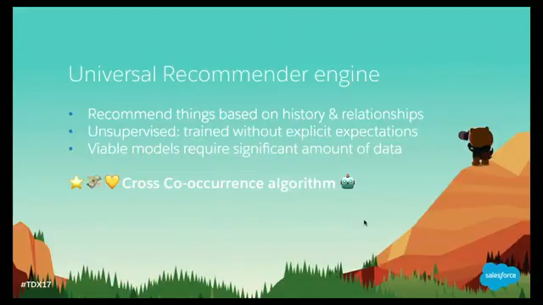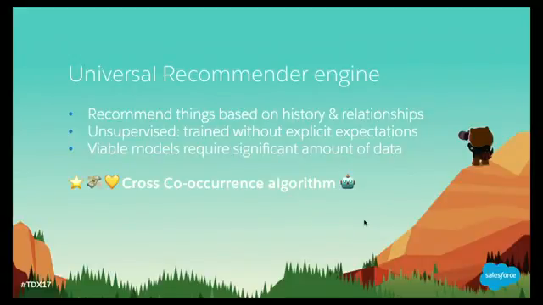This recommendation engine is unsupervised. That means that when we train it, we don't tell it what we expect. We don't say, when a user purchases this and this, I want you to recommend this. No, we want this algorithm to build up this network of understanding of relationships in our data so that it can find answers for us that we didn't know about.